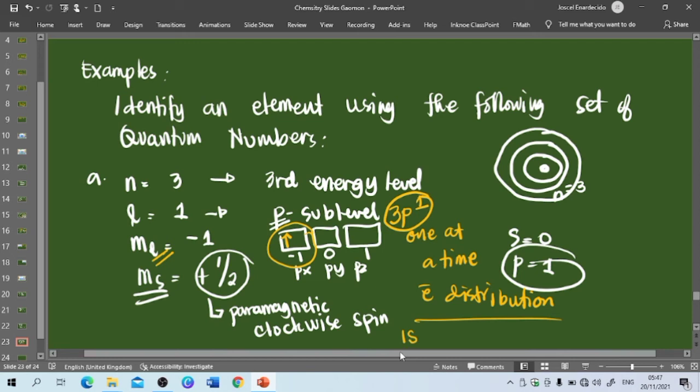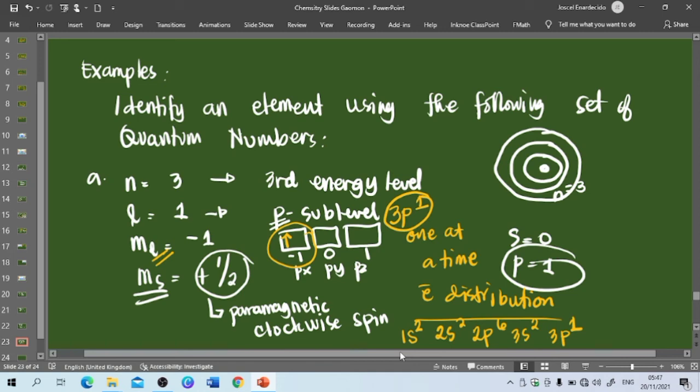So let's start here: 1s2, 2s2, 2p6, then 3s2, and 3p1. Okay, so it's in the 3p1 sublevel.